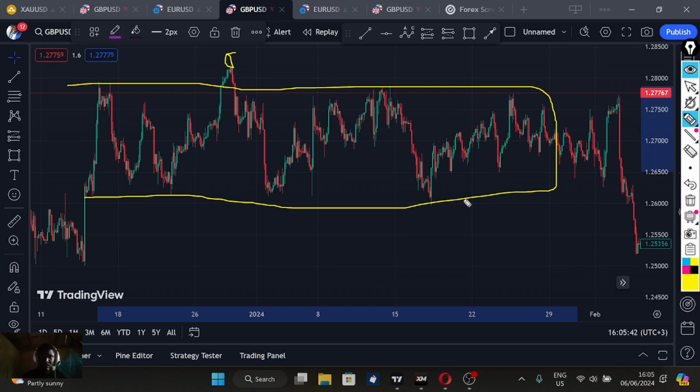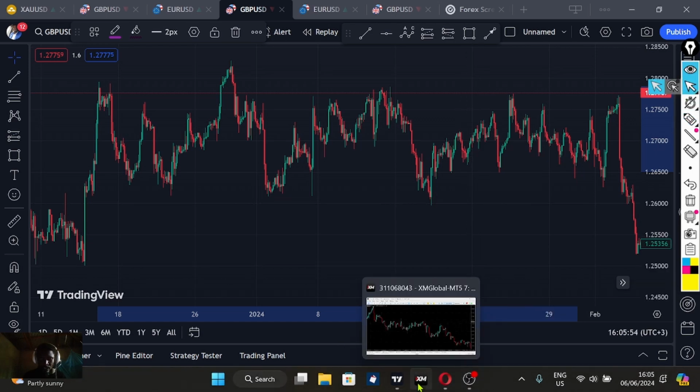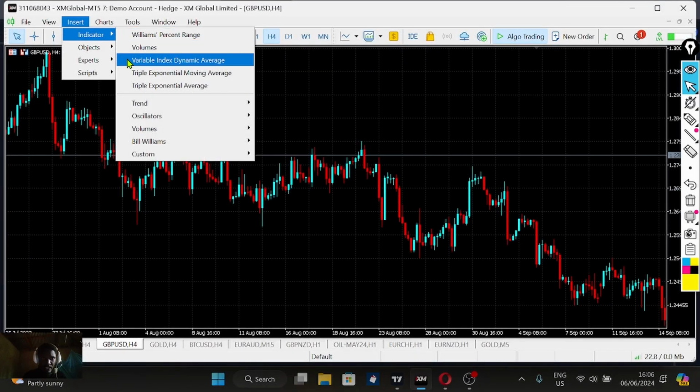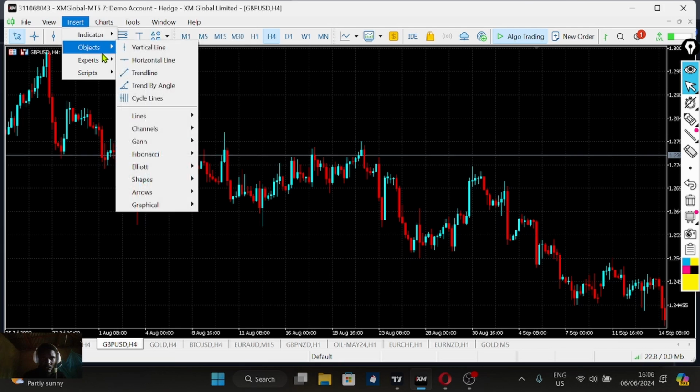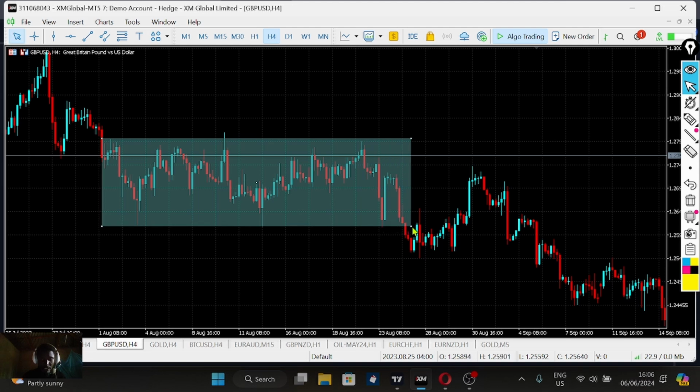The next market structure that we shall be looking at is consolidation. Now let's head over to MT5. We can see here that we have a consolidation. Here the market was in consolidation.